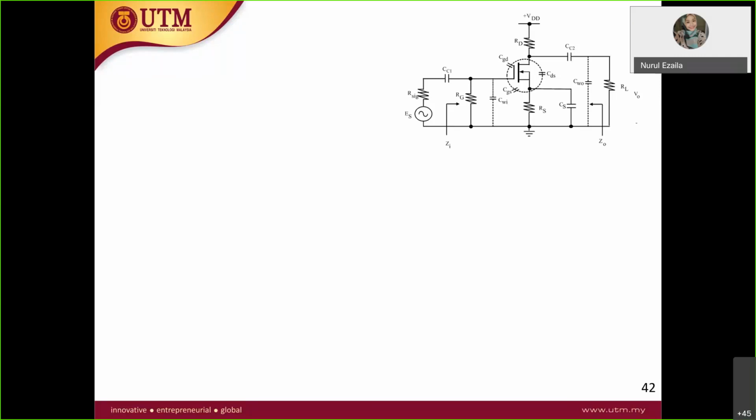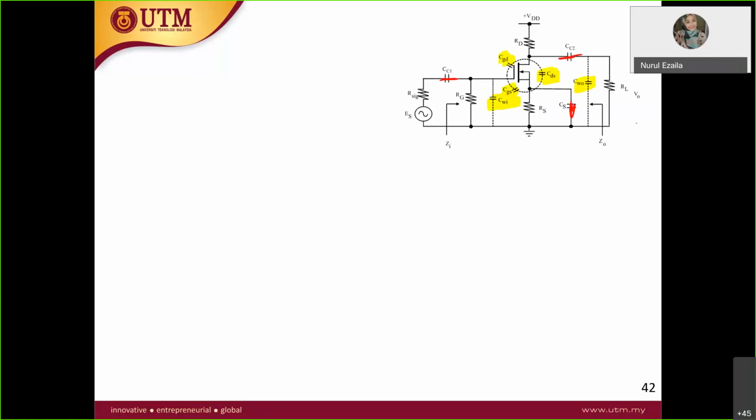So for the high frequency, you need to include CGS, CW out, and CW in. What happens to all the other capacitors? They will be short circuited.